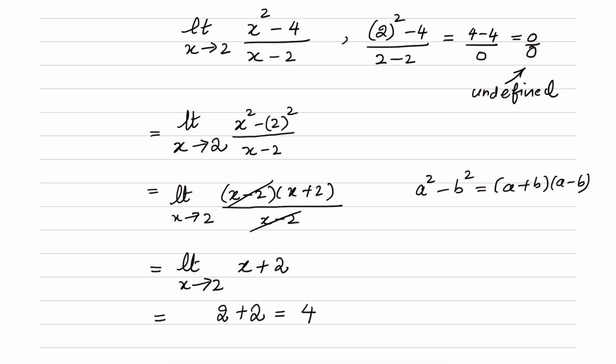But if you get 0 by 0, like in this case, you go back to your question, your job is not done, you rewrite your question in a more simplified way. If something cancels out, do that, and then after simplification to its very last step, you plug in the limit, and then here we have the answer as 4. In the next video, we will find the limit of a piecewise function.